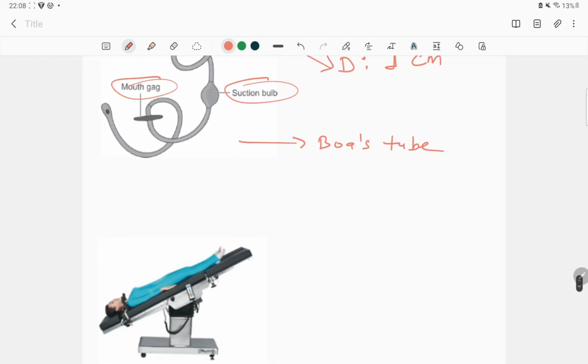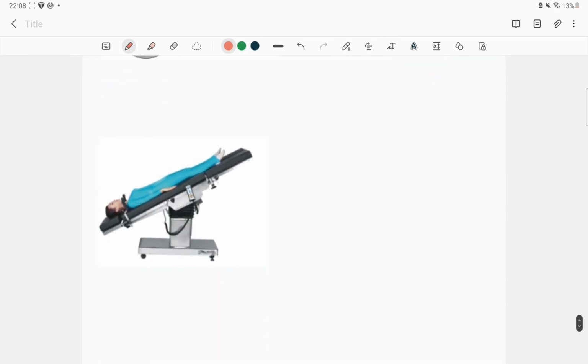As you can see, the patient is lying with the head downward and legs upward, and the bed is inclined at an angle of 15 degrees to the horizontal. This is the Trendelenburg position.